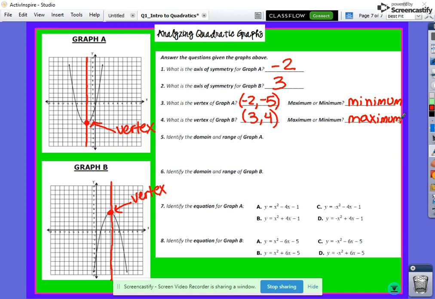Now we will identify the domain and range from graph A. Remember, we did this when we looked at functions.